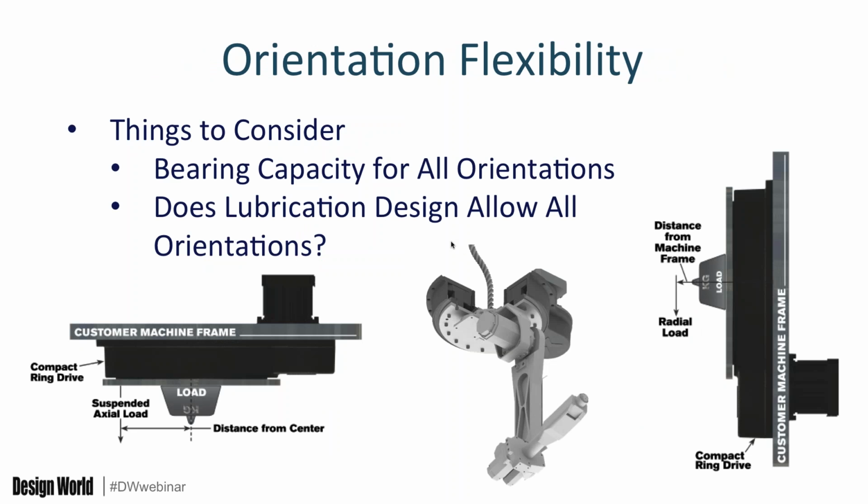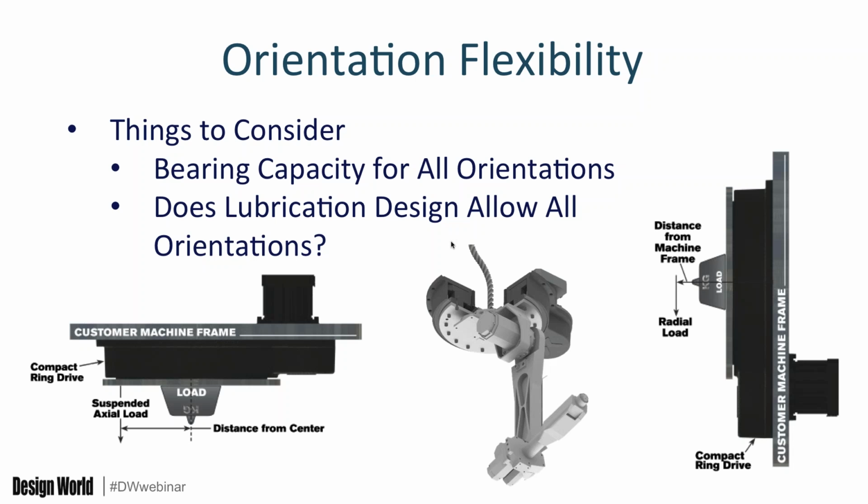I talked previously about the fact that some units require oil, and this is also an important area whenever you're looking into your design, because you could have a situation where you have an upside down orientation. The robot in the center is actually hanging from above, so you might say that it's hanging from the ceiling.